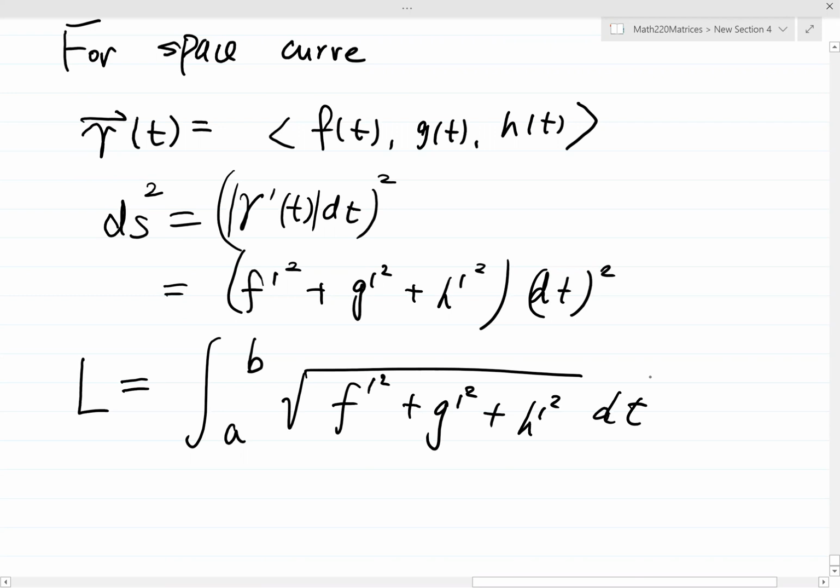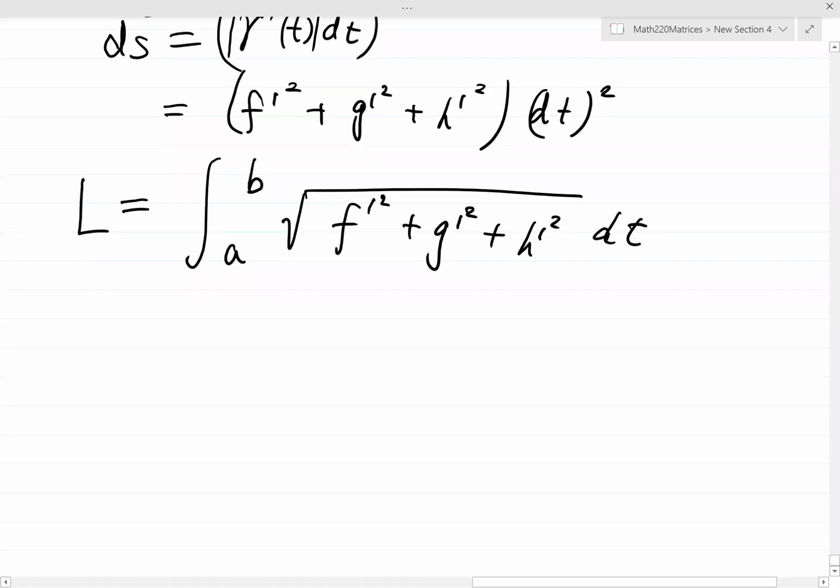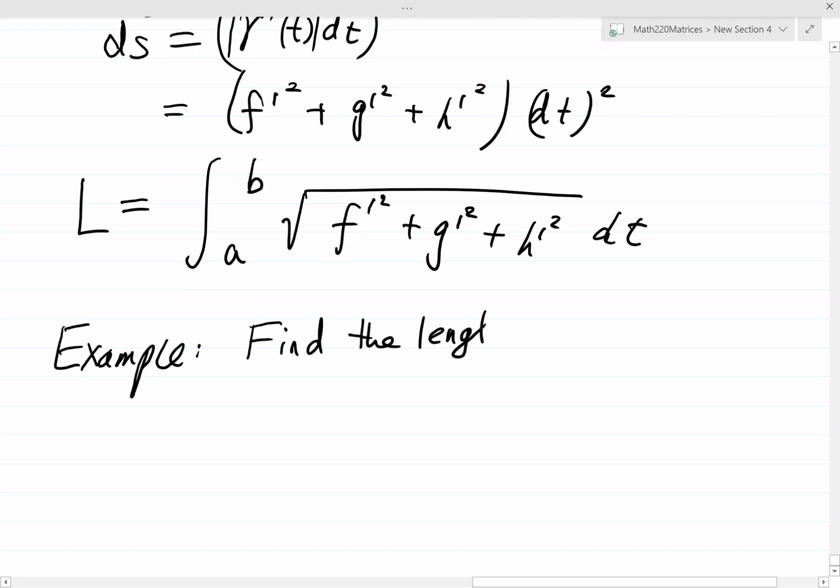For instance, here is an example. Find the length of the arc of the circular helix.